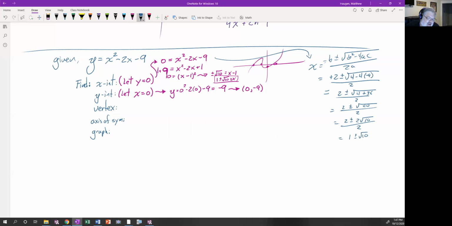Same answer. I agree with you. And completing the square is a little bit nicer there than the whole quadratic formula. But either way. You guys happy with that in either case?